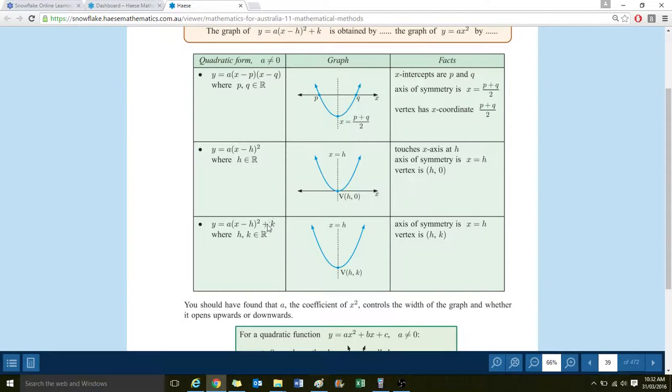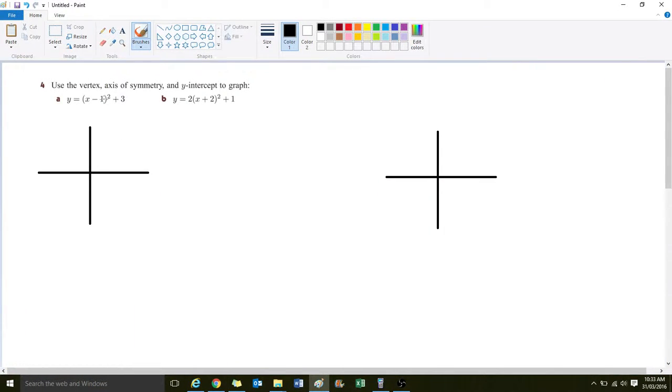If we remember from translations, this just affects how far up or down the graph's going to be. So it's the same as the function touching the x-axis, only this time it's got a vertical translation of k units. In our circumstance, it's touching the x-axis at x equals 1, and it's been translated vertically 3 units.